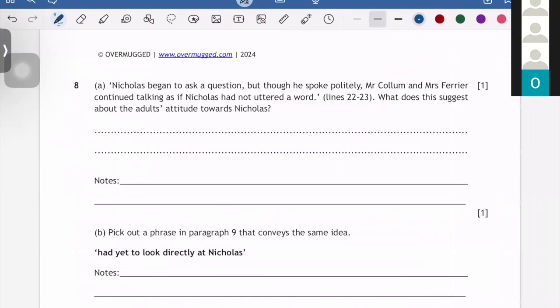Moving on to question 8. They have given you a sentence from the passage and they ask you, what does this suggest about the adult's attitude towards Nicholas? So in this case, you are making inferential answers based on the sentence given to you.